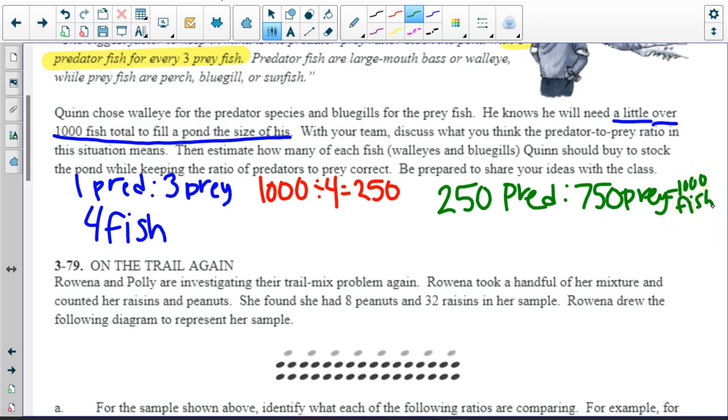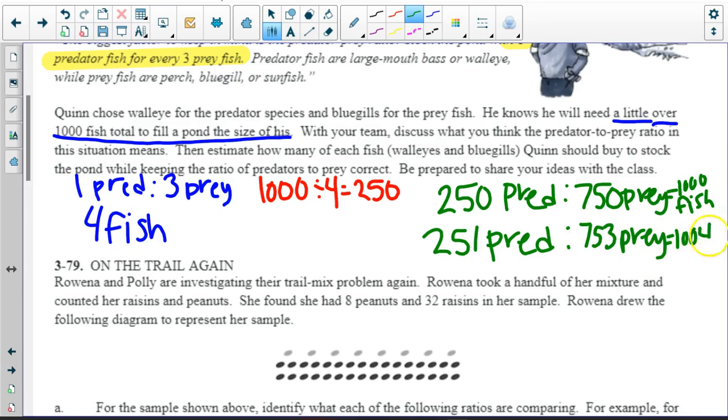He wants a little over 1,000 fish. So we'll just add in 1 more predator fish. But remember, if we add in 1 more predator, we have to add in 3 more prey. And that works because that gives us 1,004 fish.